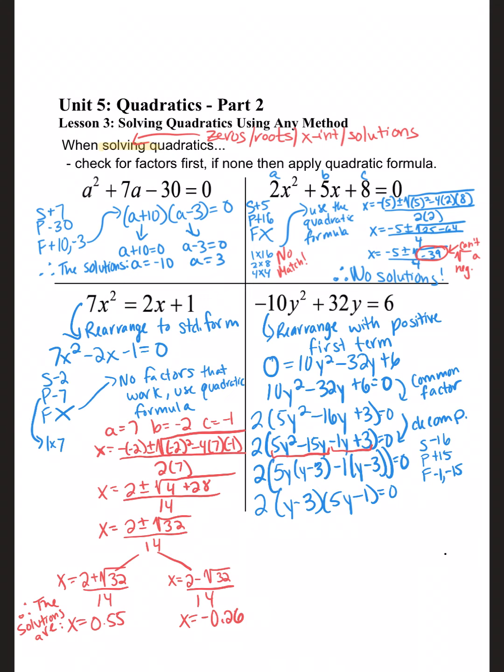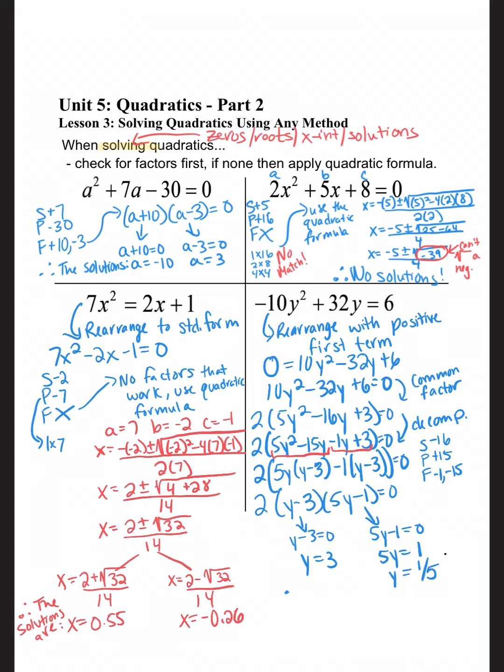Okay, so once we have them in our brackets, we should be able to then find our solutions. So we'll set our brackets equal to 0 and solve. So one solution would be positive 3, and then for this one we would add 1 and then divide by 5.